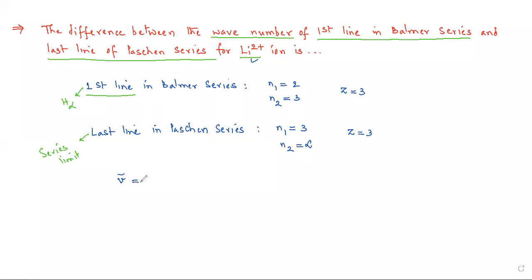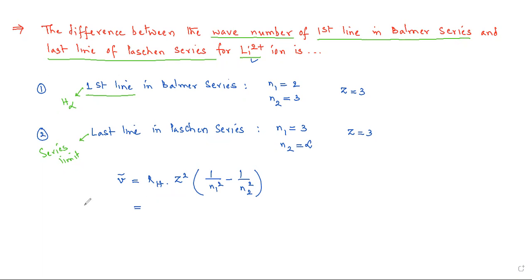I hope you know that the expression for wave number is RH into Z square into 1 by N1 square minus 1 by N2 square. Let this be case 1 and this be case 2.